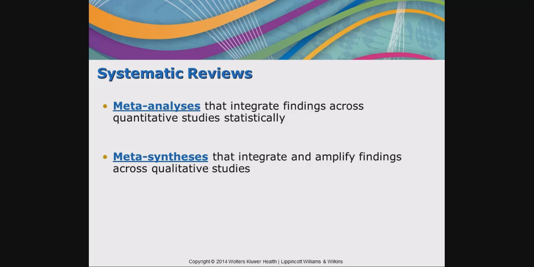But you're looking at numerous high-quality studies for the systematic reviews. And the meta-analysis are where you're looking at these multiple studies because they are integrating findings across quantitative studies, because they pool the results from these previous studies and conduct a quantitative analysis on them.